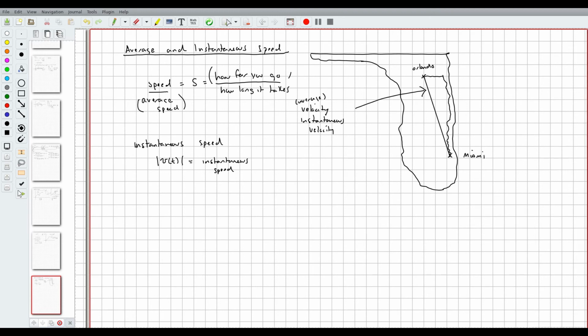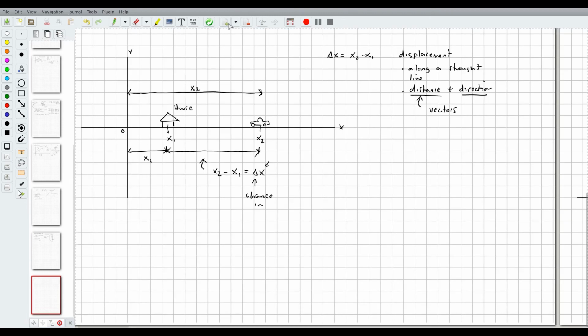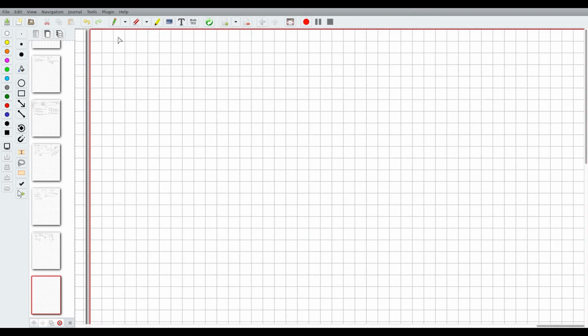Okay, so the very last concept that I want to get into here is going to be acceleration. Now, acceleration is a little complicated to visualize. You can visualize position very easily, because if you look at something you are looking at its position.